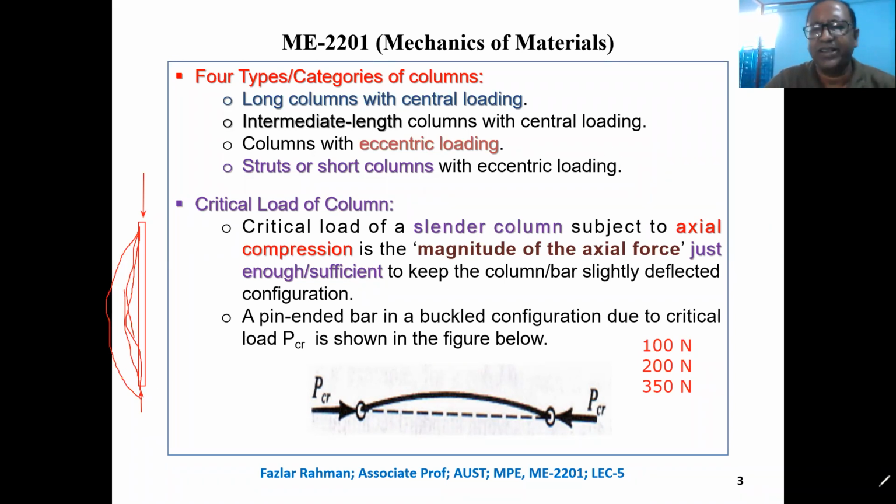But you increase a little bit more, 350 to 355. When you apply 355 Newton, the column breaks down. So this 350 is the critical load of the column, because it remains in a slightly deflected shape, but it is still able to carry the load.